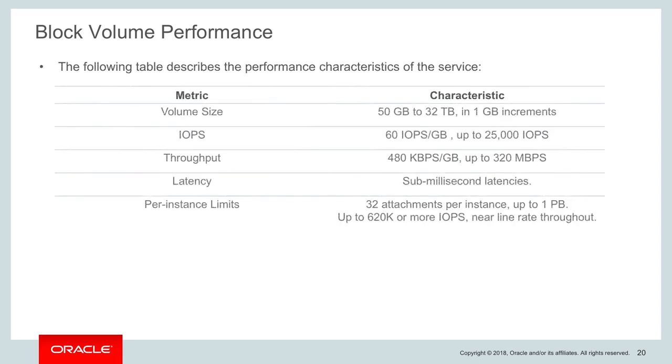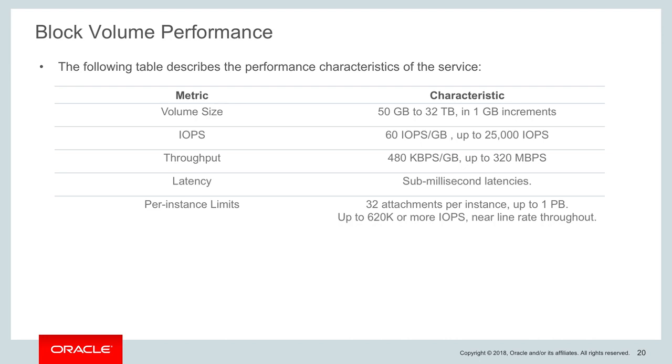Here's a chart just to give an idea of the block volume performance. It describes the performance characteristics of the service. You can see the volume size and the characteristics of each: 50 gig to 32 terabytes, which is the amount of data you can have on the block volume, in increments of 1 gig, and the minimum and maximum IOPS you can get on the block volume, throughput, and latency as well.